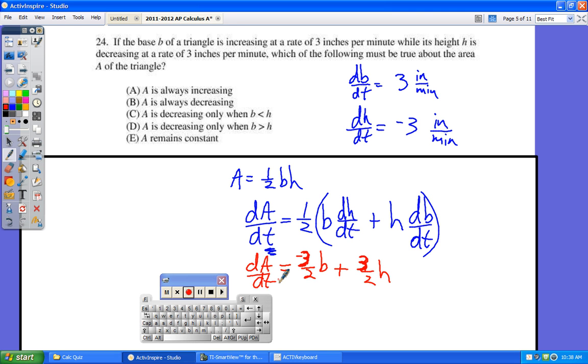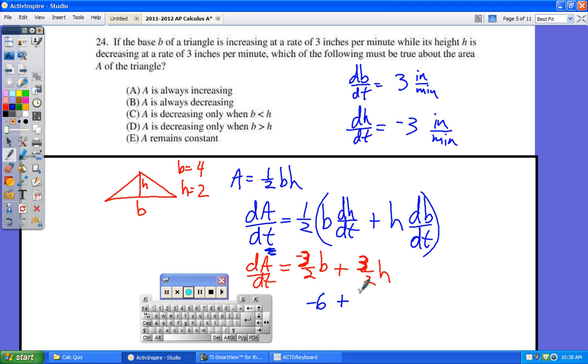So let's try some values, any values. If I say my base and height are shown like this, I can approximate b to be 4 and h to be 2. Let's see what happens when I put these values in. I have 4 times 3/2; 4 divided by 2 reduces, therefore I get negative 6.